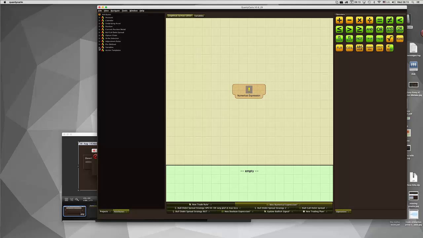So I go down here to variables, and I say let's say today's IV divided by yesterday's IV. Today's IV divided by yesterday's IV.